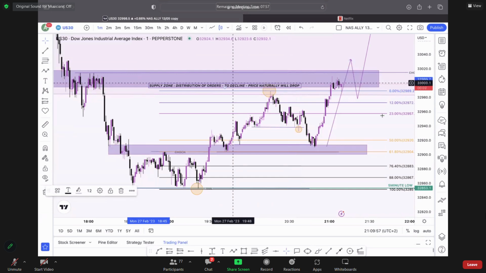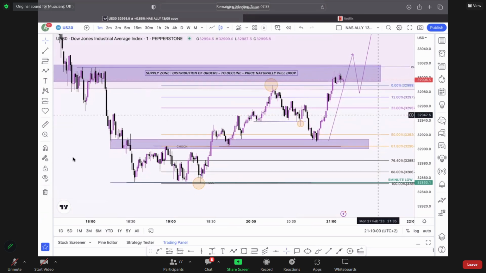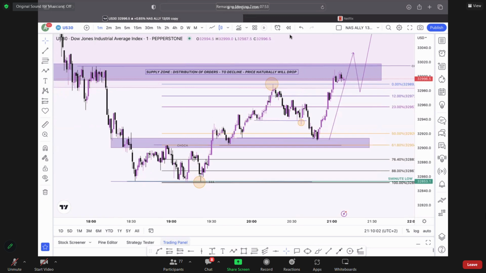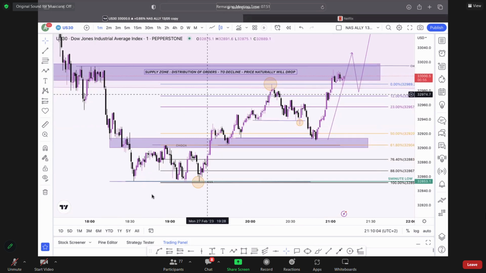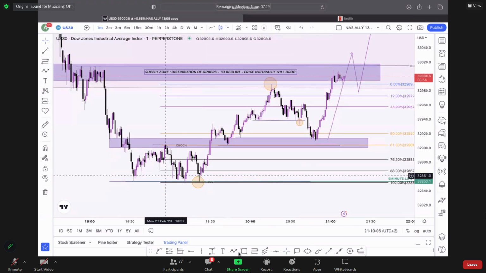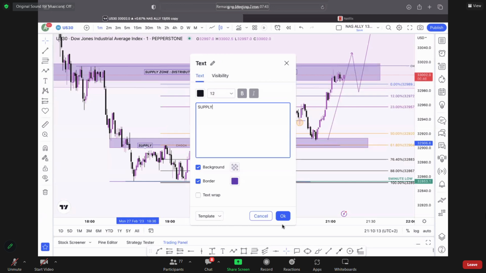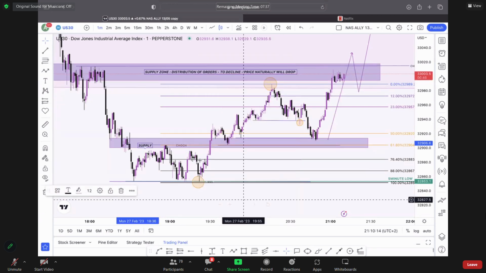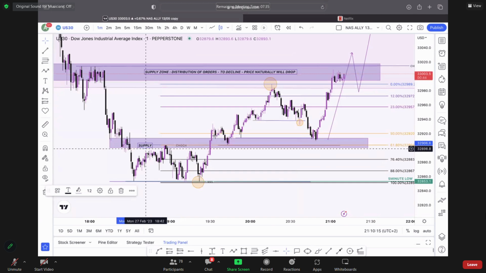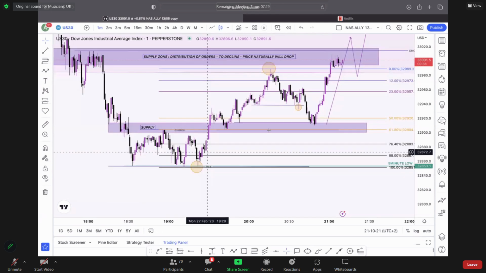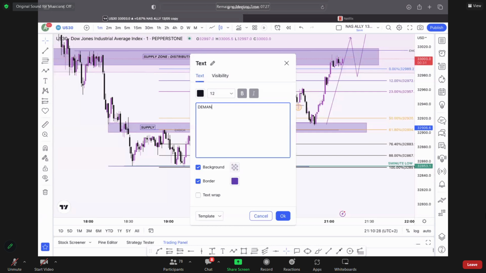Whereas a demand zone, at this point, where price here was previous supply, the market still dropped, the market still dropped. Then all of a sudden, the market pushed up and took out that supply zone. So notice how the market now uses it as demand. What does that mean?